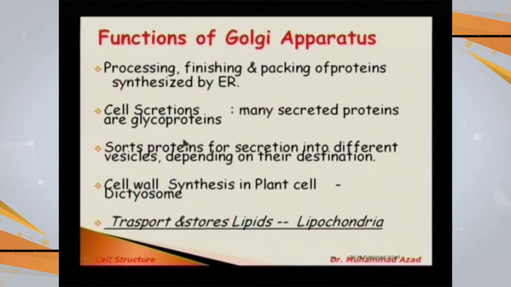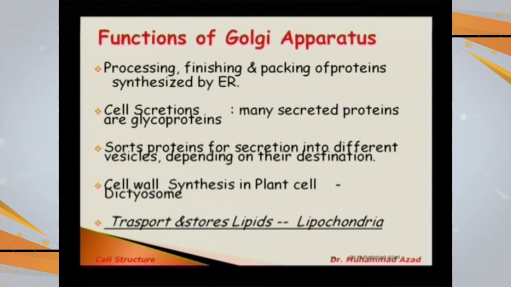The functions of the Golgi apparatus are the processing, finishing and packing of proteins synthesized by the endoplasmic reticulum. Another important function is cell secretion. Many secreted proteins are glycoproteins in nature. The Golgi apparatus is also concerned with sorting out the proteins for secretion into different vesicles, depending upon which destination is required for these products.